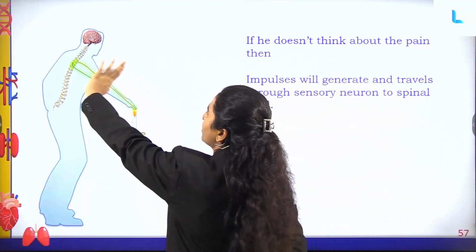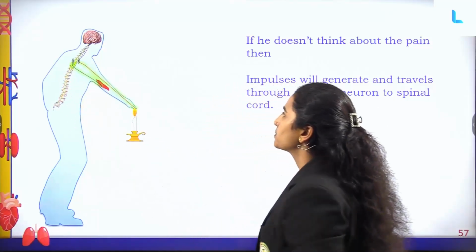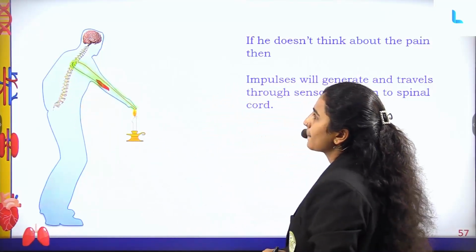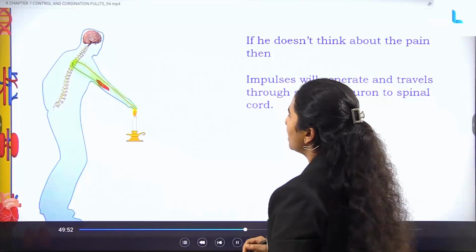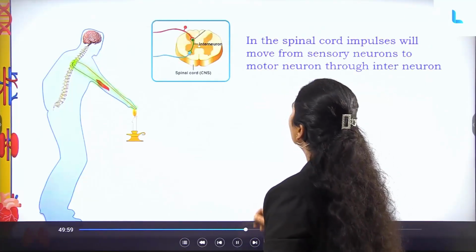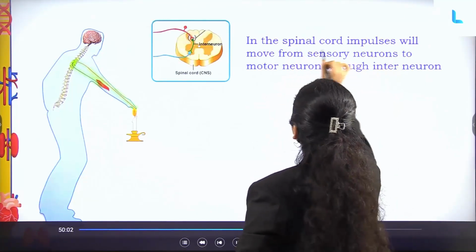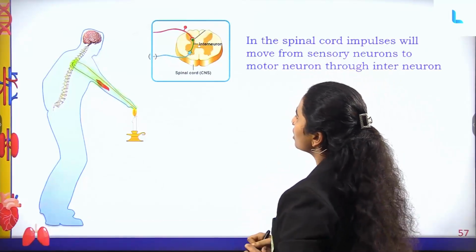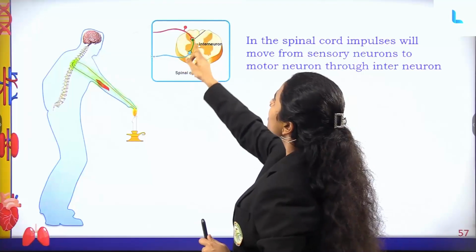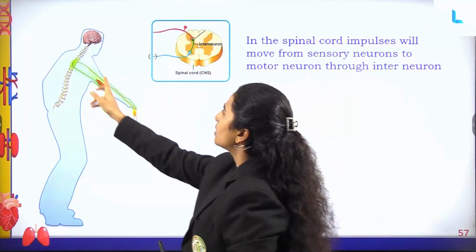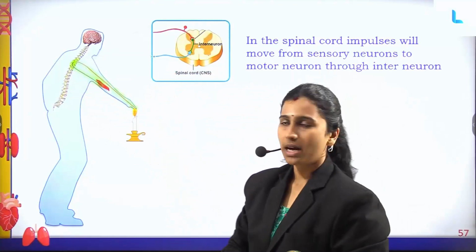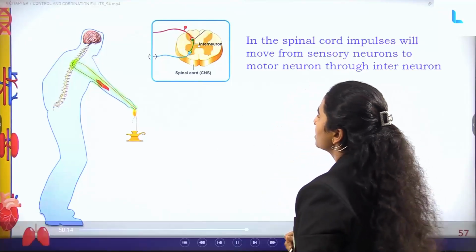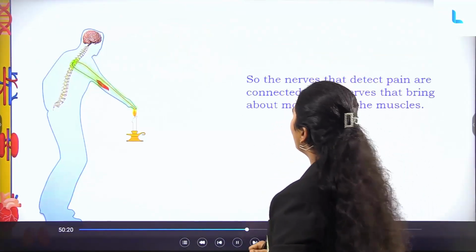So firstly they are going to travel to the spinal cord, and from there what will happen? In the spinal cord, impulses will move from sensory neurons to motor neurons through the interneuron. So this is the interneuron. They are going to travel for a shorter time and they are going to come back from the CNS.